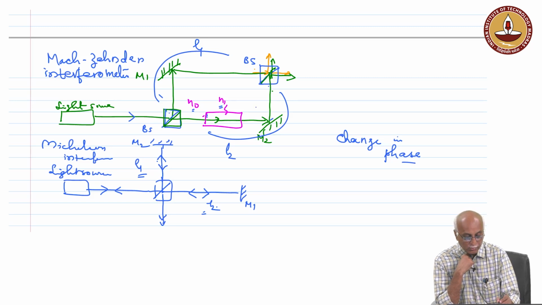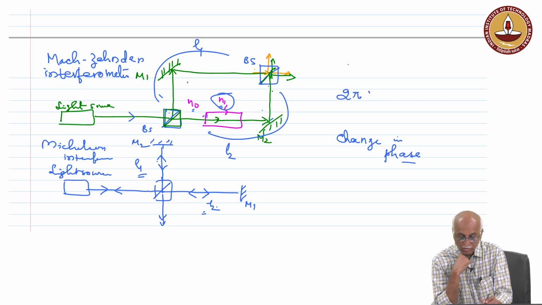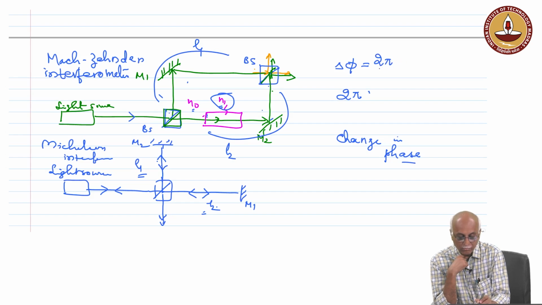That means the wave travels through the same distance in L1 and L2, but due to the refractive index change, the path length phase change is 2 pi by lambda into n1.